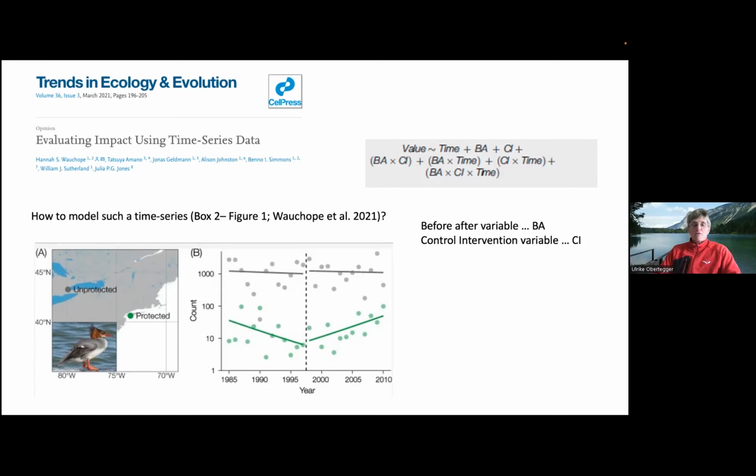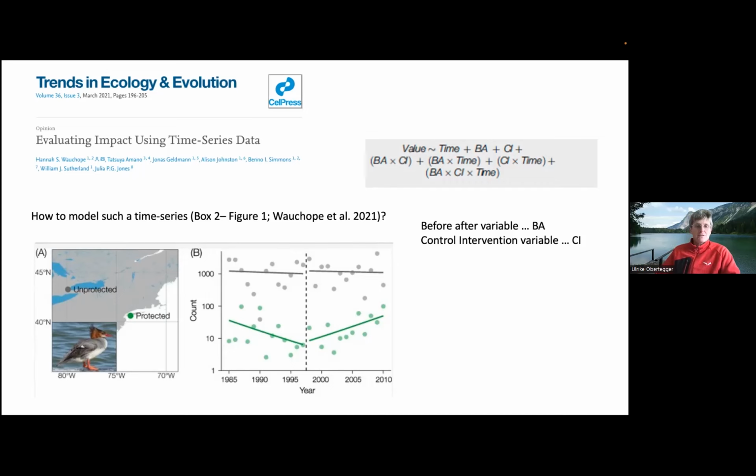The before and the after indicate what was before and what was afterwards. Then some control intervention variables, some covariates, and then they put all the possible two-way interactions and the three-way interaction. So I was curious how this would go with R.